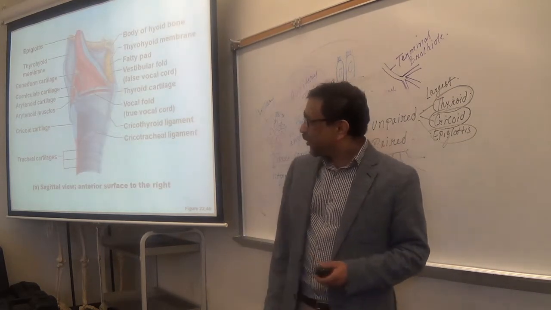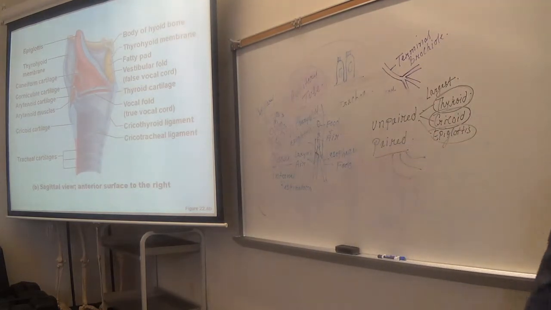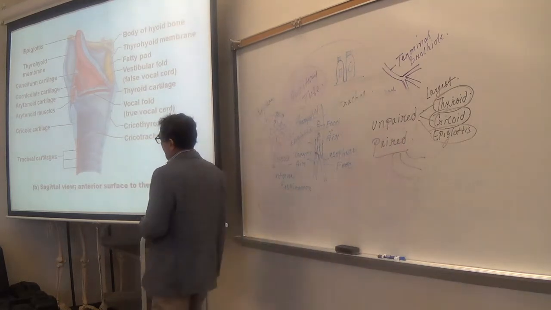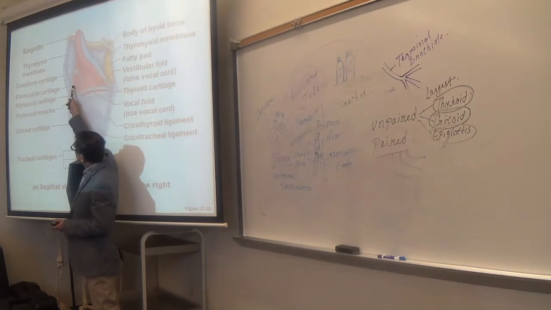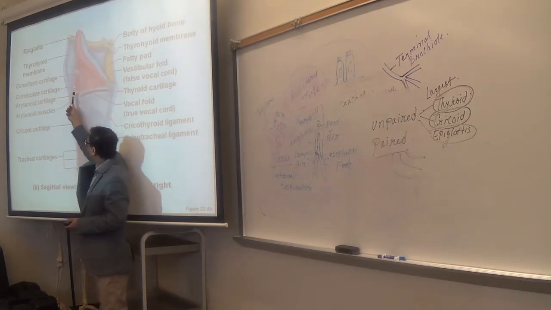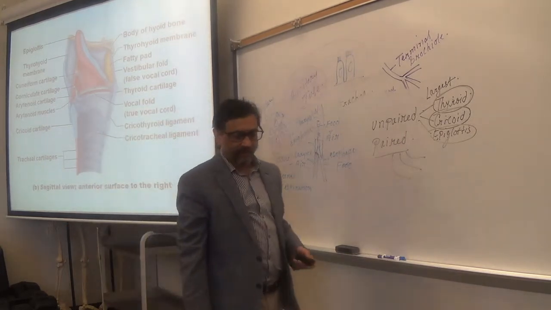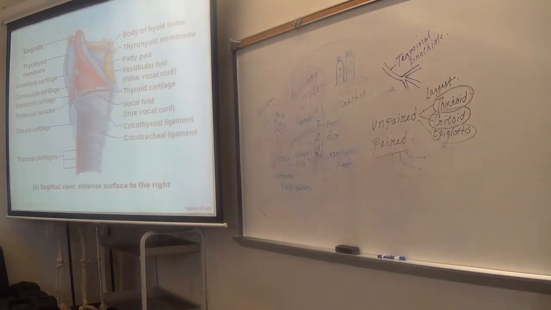Now, if you see inside the larynx, you can see those small paired cartilages: arytenoid, corniculate, and cuneiform. This is one half, so you see one. In the other half, you have another set. So those are paired.